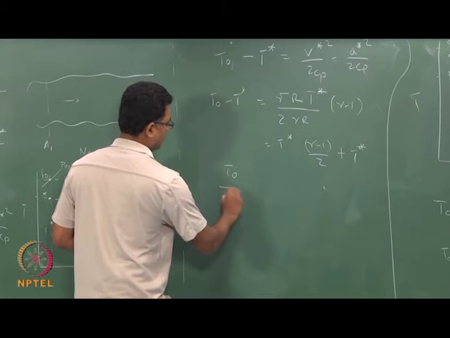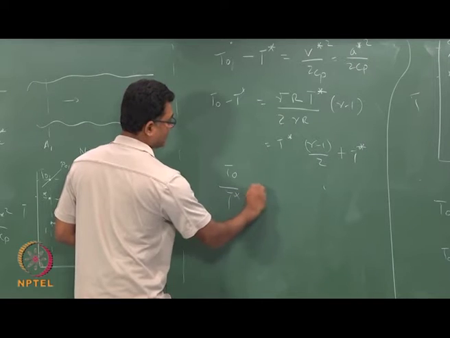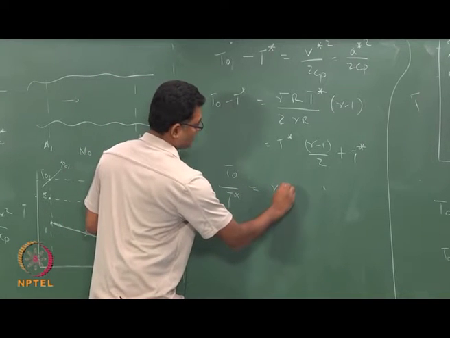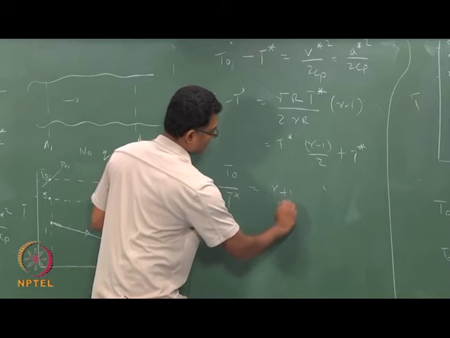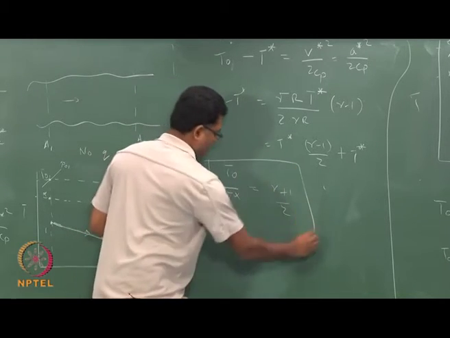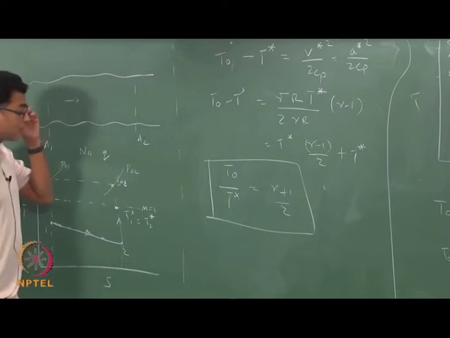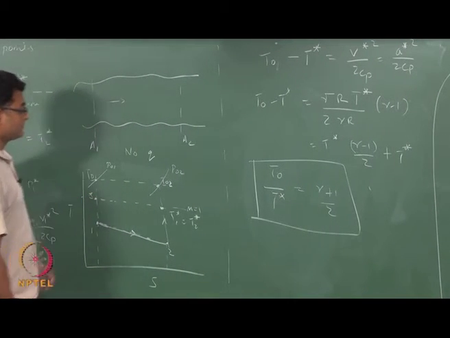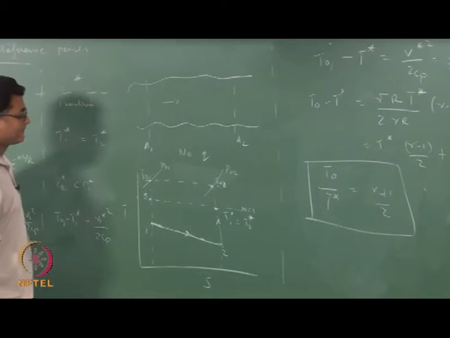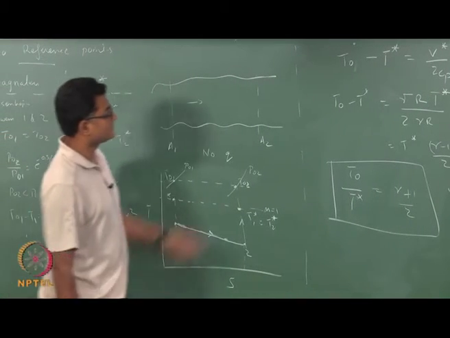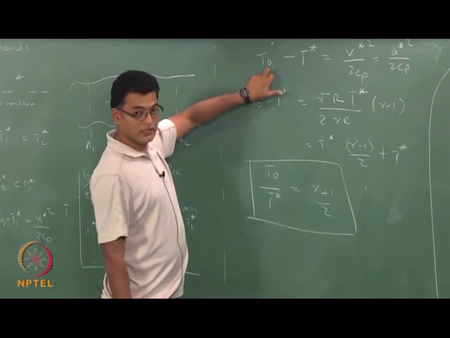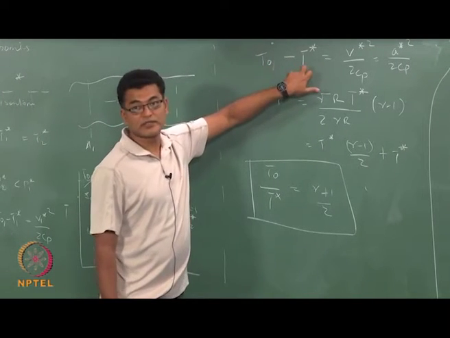So, your T0 by T star is gamma plus 1 by 2. Okay. So, this is nothing but the energy equation, between the stagnation point and the star point.